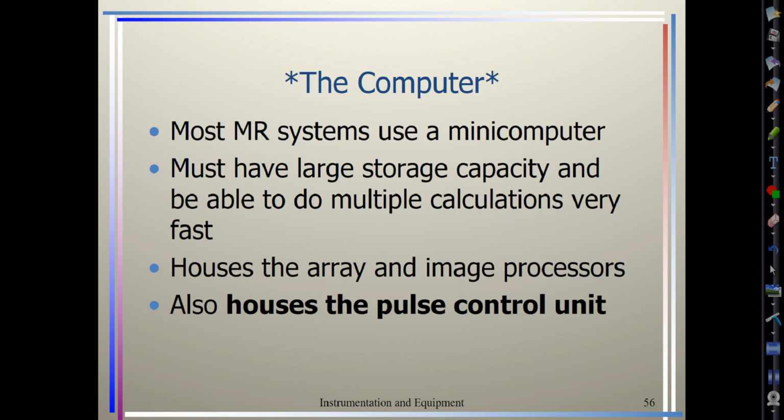Our computer, most MR systems use a minicomputer, which must have large storage capacity and be able to do multiple calculations very fast. The storage capacity is huge because there are so many images in MRI. It's not just 2 or 3 images like an X-ray, right? You have 4 or 5 pulse sequences, and each pulse sequence has 20 to 30 images in it.